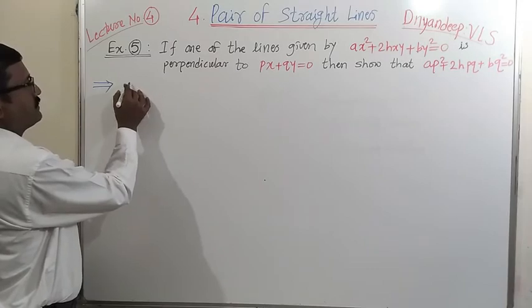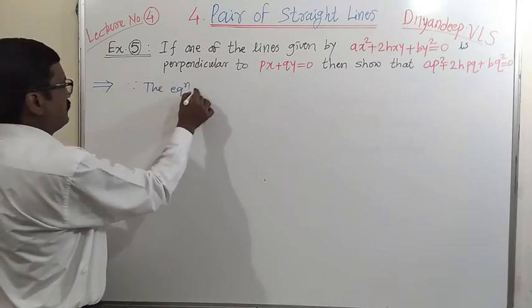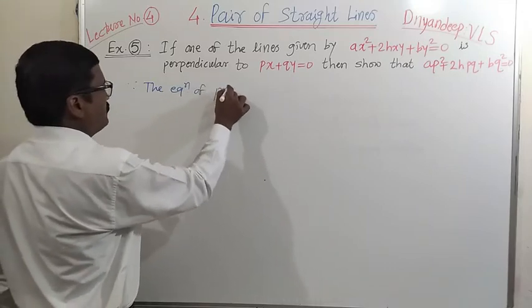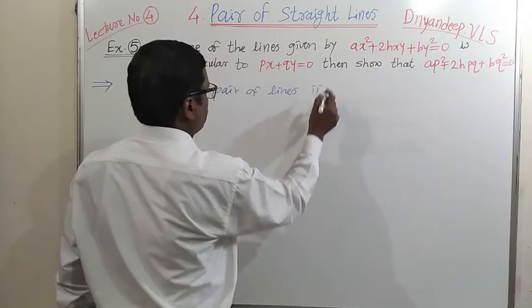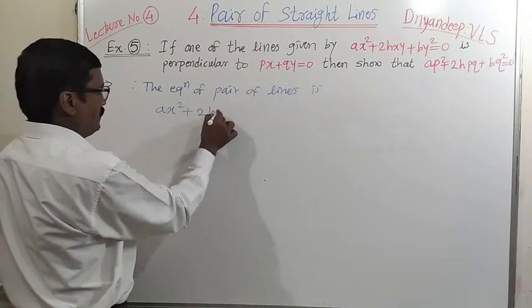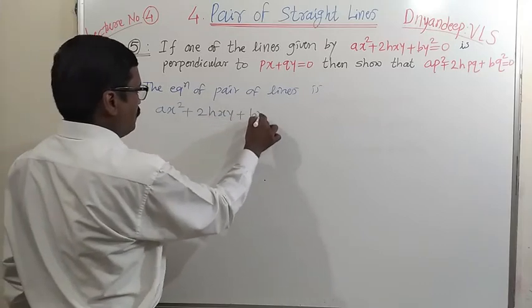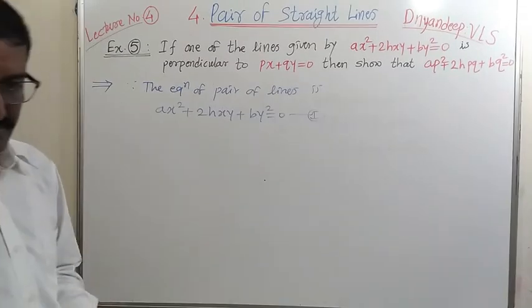Since the equation of pair of lines is ax² + 2hxy + by² = 0, this is the given first equation.